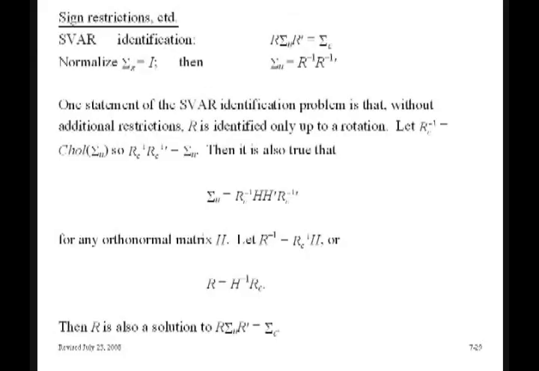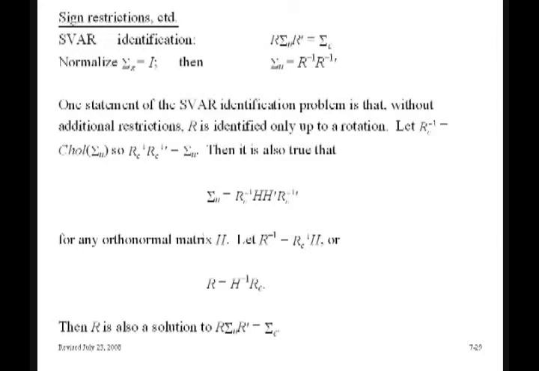So here's the algorithm, which is we're going to look at all possible R's. We want to map out all possible matrices R, and then only keep those matrices R that produce impulse responses with the signs that we like. Okay, so that's a well-defined mathematical problem that has a solution, and Harald has a clever solution to it. And he says, let's do this.